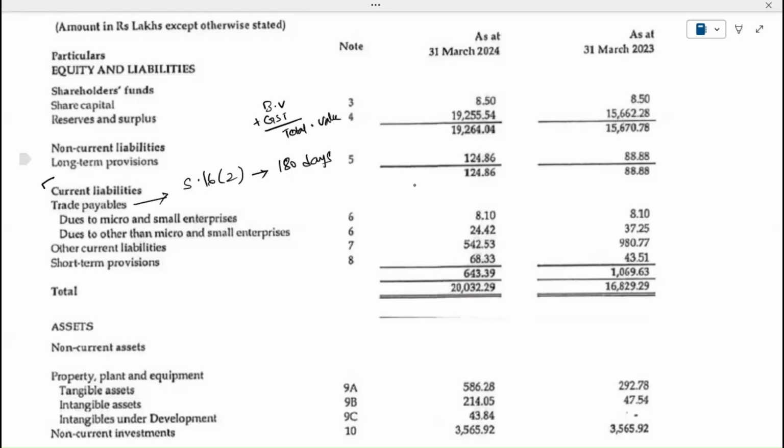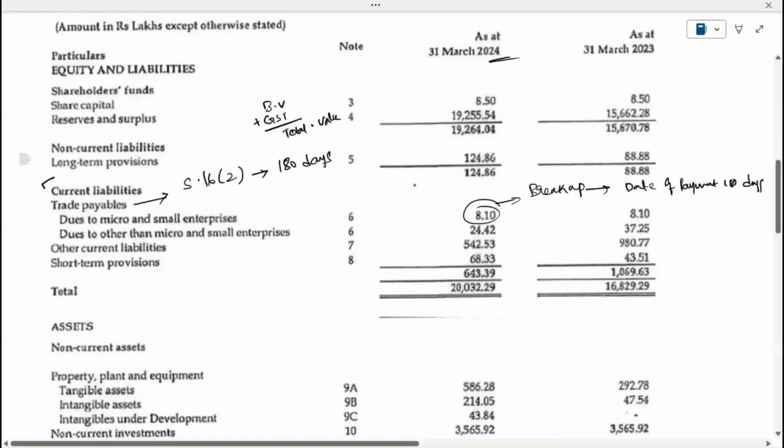So with respect to this particular sundry creditors, trade payables, which are available as on 31st March 24, they'll ask you, whatever is the closing balance, give me the breakup. And for this, give me the date of payment. If you have paid within 180 days, I'll allow the credit for you as an input tax credit. Why? Because of section 16.